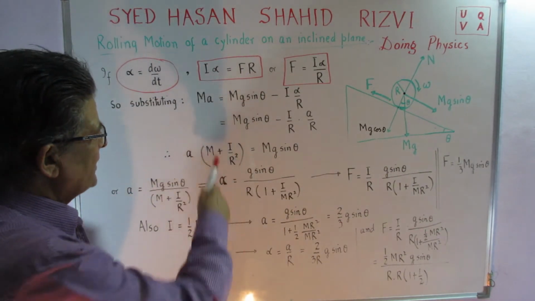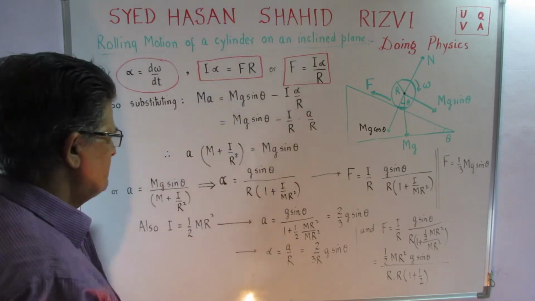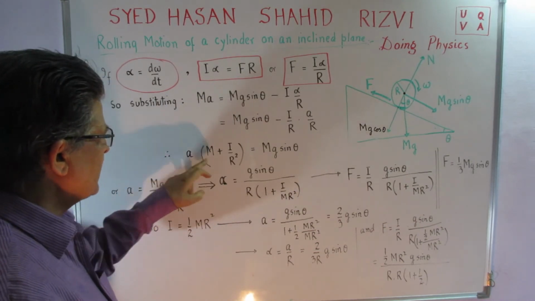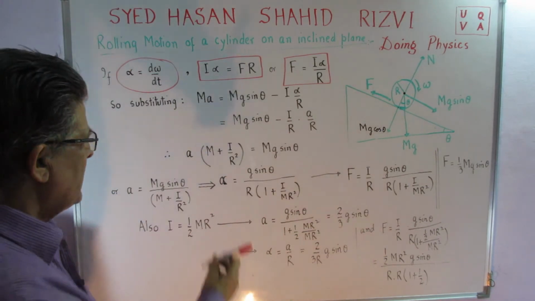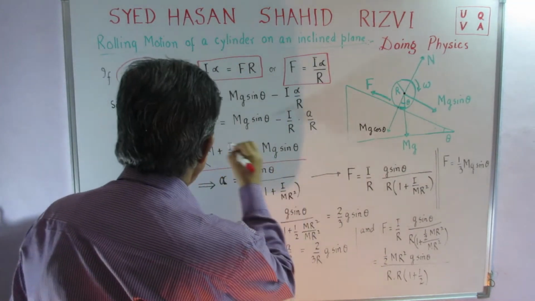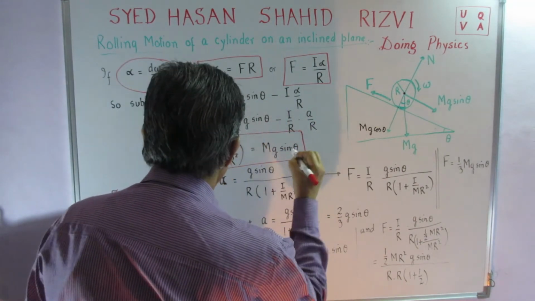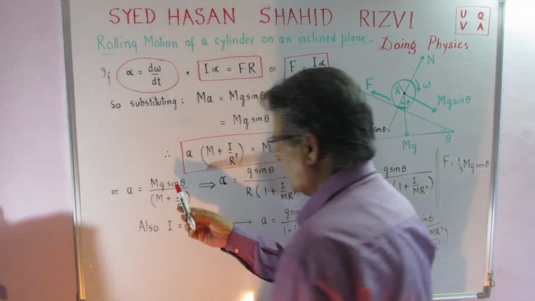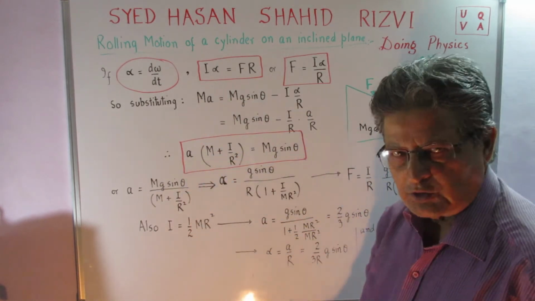So now there are two terms, MA and I upon R square A. If I take A as common, then I get M plus I upon R square, equal to mg sine of theta. Interesting. Okay. So A is written as mg sine of theta divided by M plus I over R square.